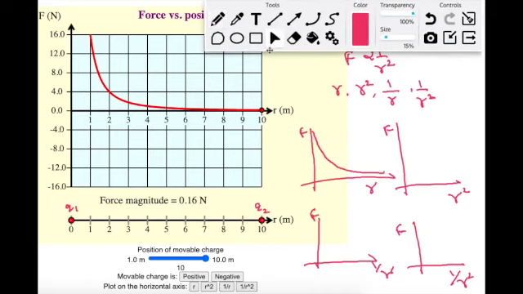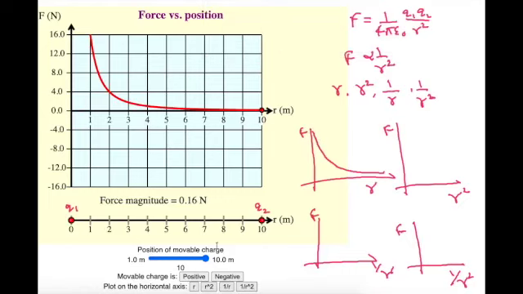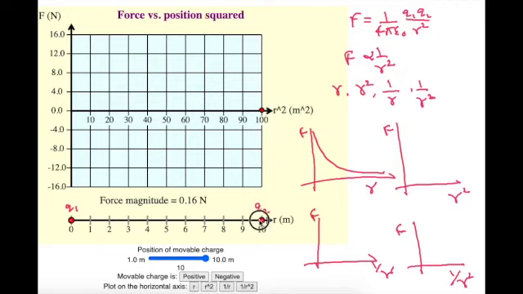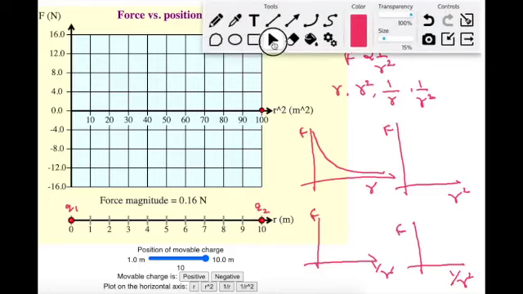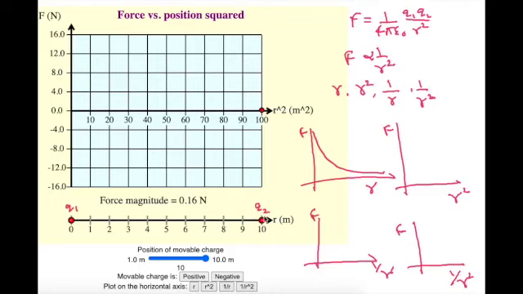Now if I want to observe force versus square of the distance, let us see how the graph varies. Look at the picture.